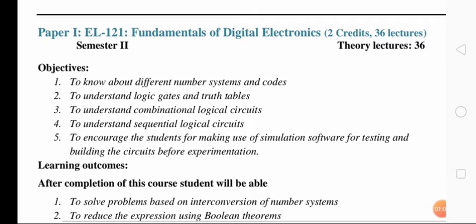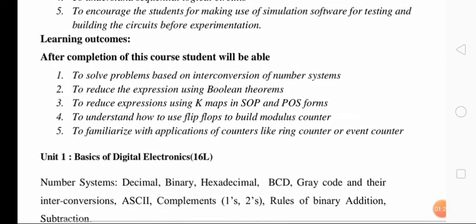Second objective is to understand logic gates and truth tables. Third objective is to understand combinational logic circuits. Fourth is to understand sequential logic circuits. And fifth is to encourage students to make use of simulation software for testing and building circuits before experimentation.